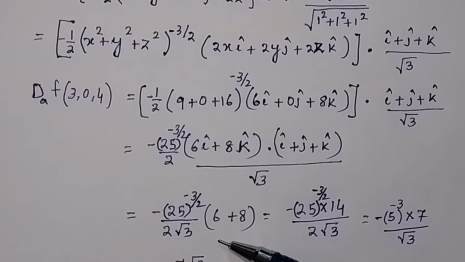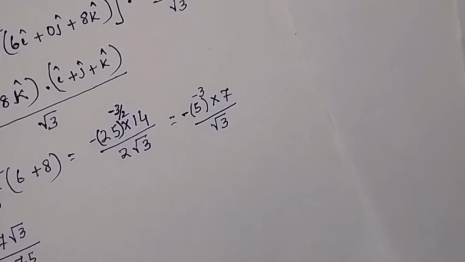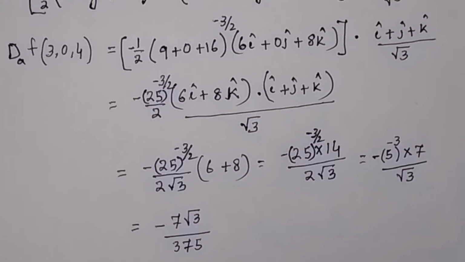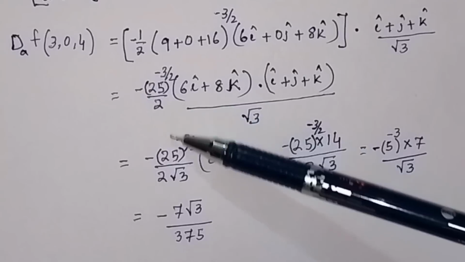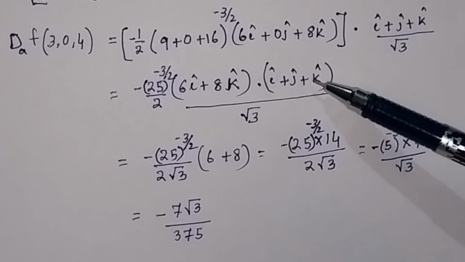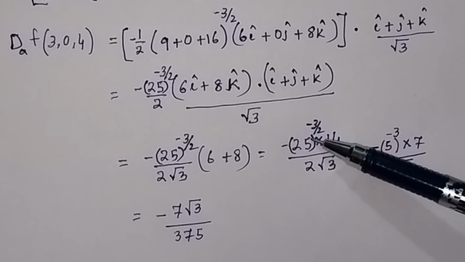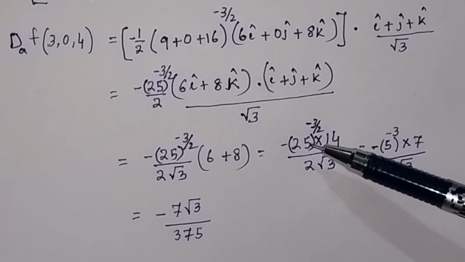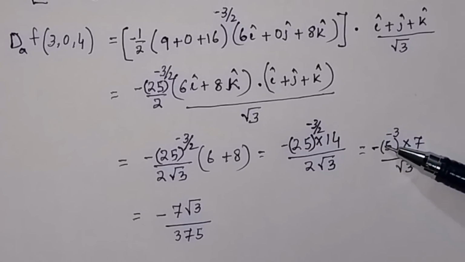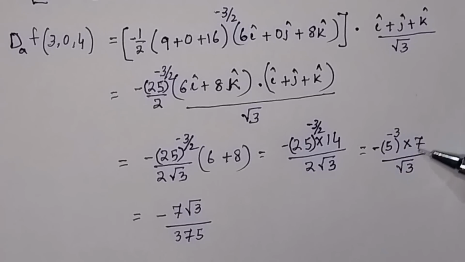If you solve it, this will be equal to minus 25 to the power minus 3 by 2, then 6 i cap dotted with i cap is 6, 8 k cap dotted with k cap is 8, so 6 plus 8 is 14, and here you have minus 25 to the power minus 3 by 2 divided by 2 root 3. 25 to the power minus 3 by 2 is equal to 5 to the power minus 3, and the 2 cancels with 14, giving 7, so that will be equal to 7 divided by root 3.